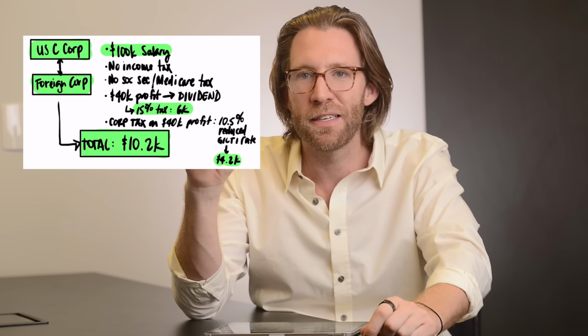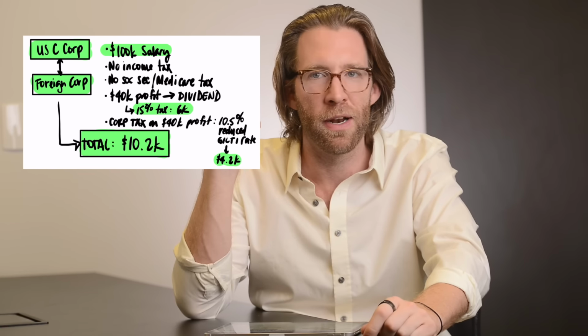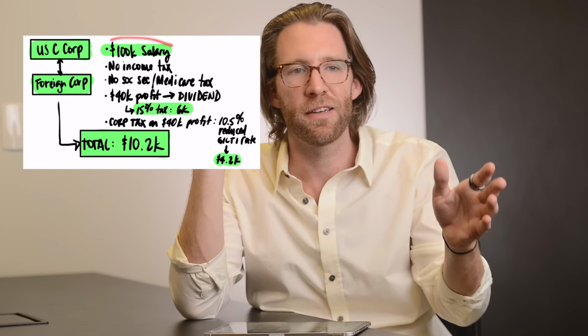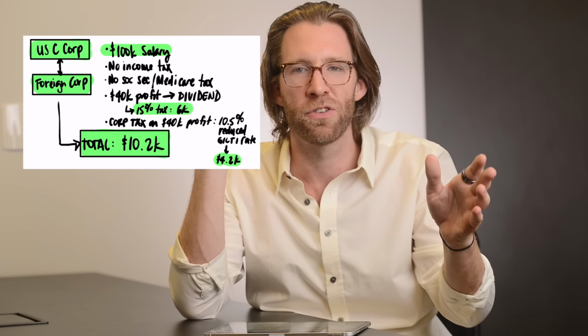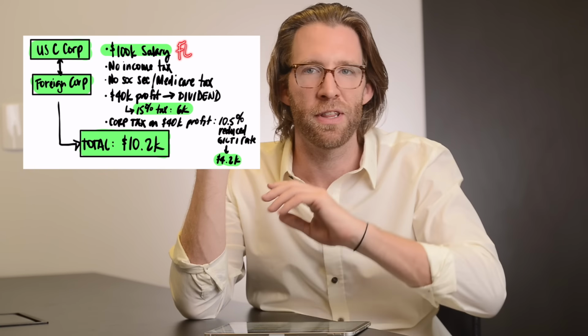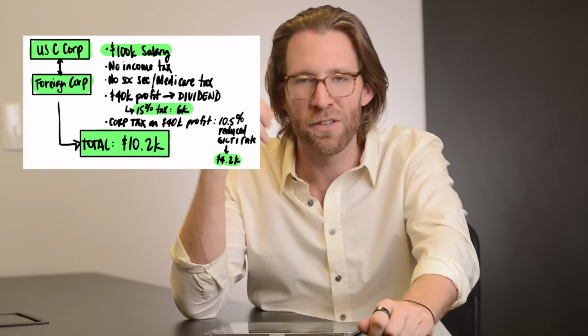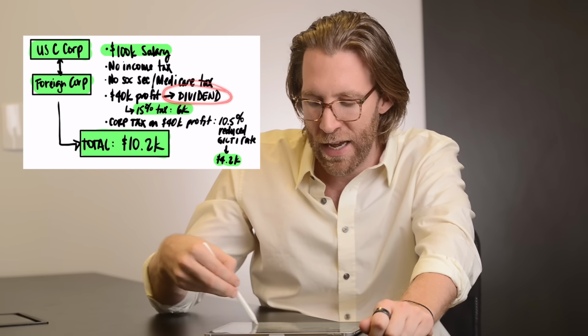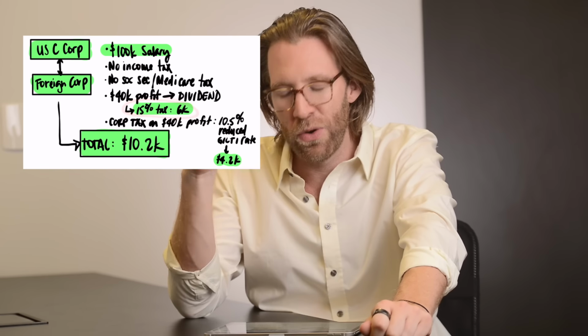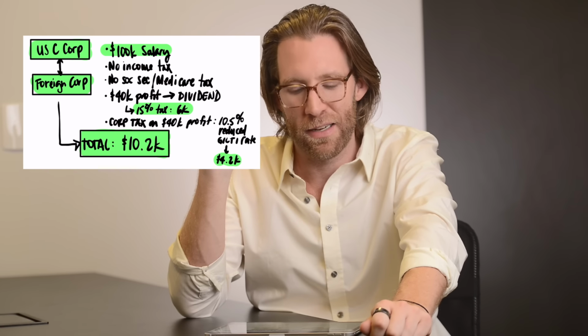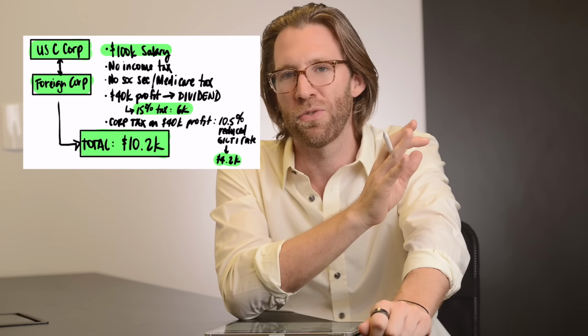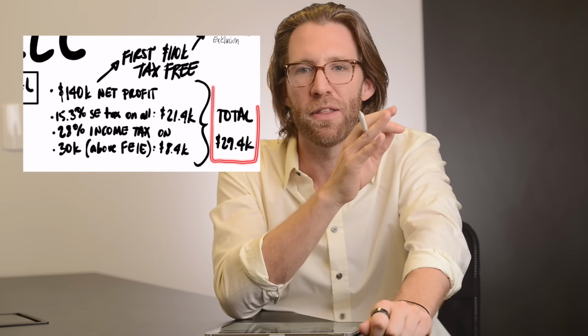Fine. And then let's say they want to take out all the money. They take out, again, the $100,000 tax-free under the foreign earned income exclusion, and then the additional $40,000 is a dividend, which is subject to 15% tax. So in total, they are paying $10,000 tax, as opposed to the previous situation where they were paying $30,000.